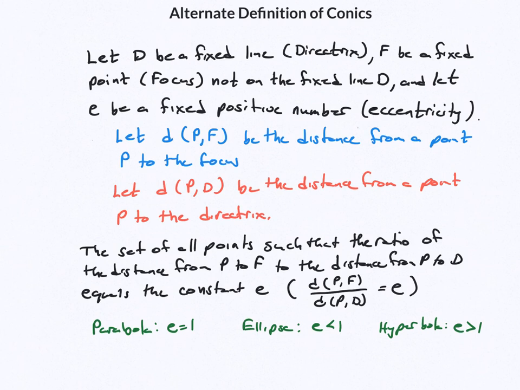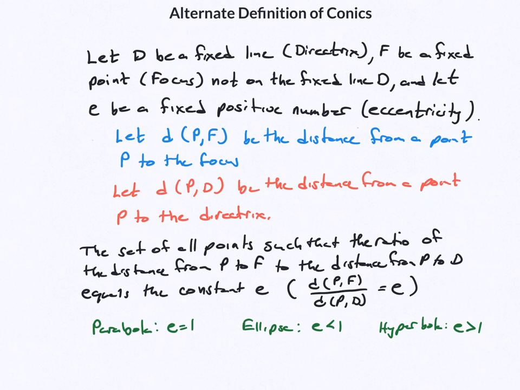Okay, first up, we're going to define this little d of PF. That is going to be the distance from a point P on the conic to the focus. And we're going to let d of PD be the distance from a point P to the directrix.